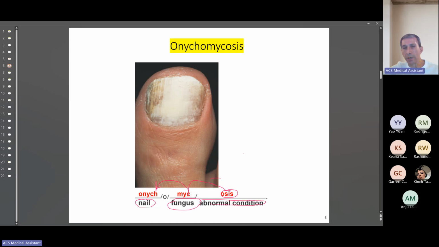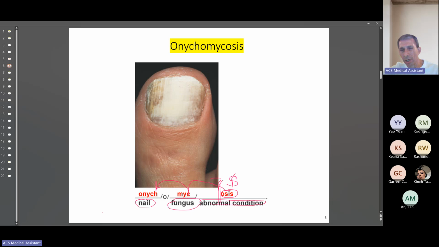Myco, we do not use mycO here because the suffix right here starts with an O. Can you imagine onychomycosis? Oh no, that would be too redundant, right? So this will be the suffix right here. And the suffix starts with a vowel, so we just leave it without the combining vowel because we don't need it.